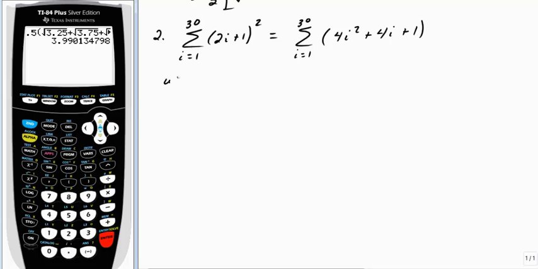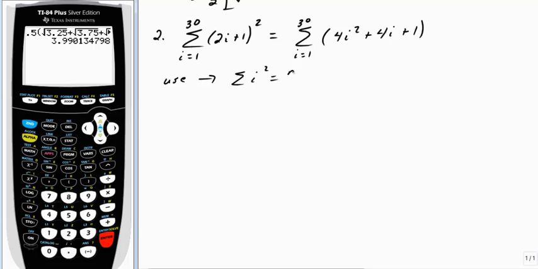So what I need to use here, and these will be given on any test, I'll use that the summation of i squareds from i equals 1 to n, and I'll refrain from putting the indices. Remember, it's implied to be 1 to n if you don't put it.